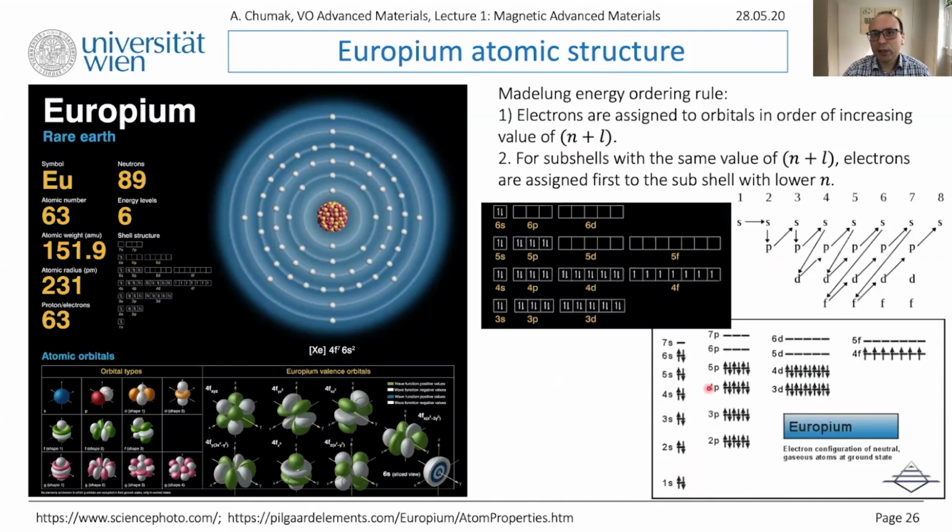The system gets more complicated, and here we talk about the so-called Madelung or energy ordering rule, which tells us that electrons are assigned to orbitals in order of increasing value of n plus l, the orbital quantum number. It looks as follows. You first fill 1s, then 2s, 2p, 3s, 3p. Then instead of going to 3d, you go to 4s, and then you jump back to 3d, and the shells are filled in this way.